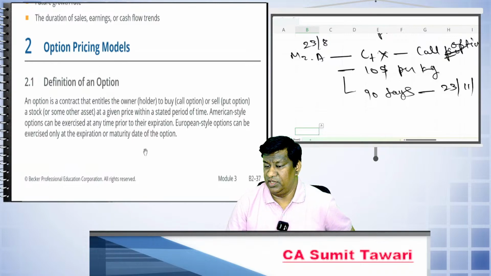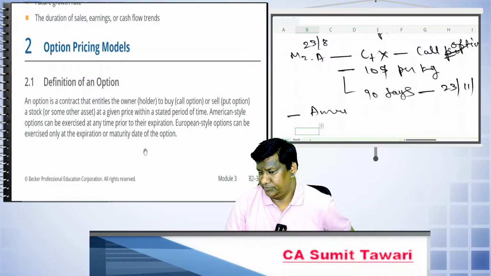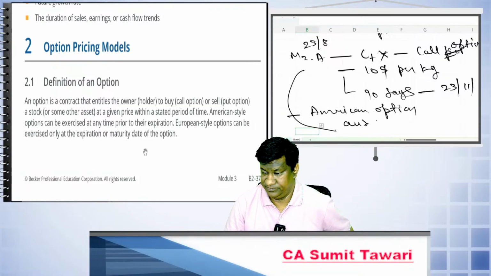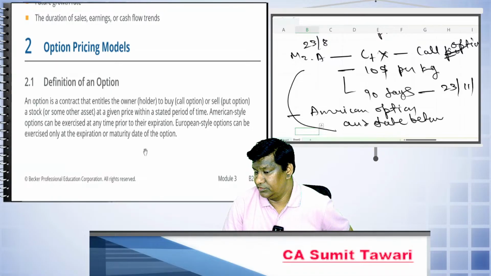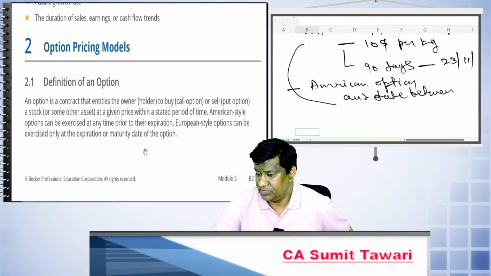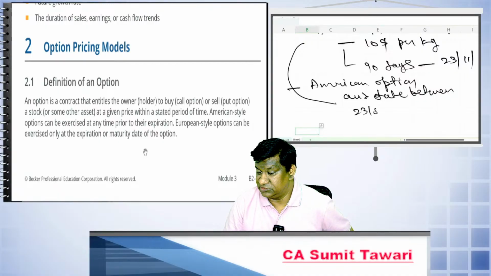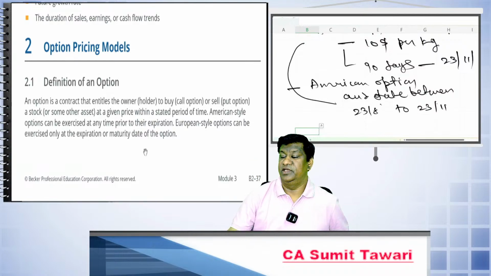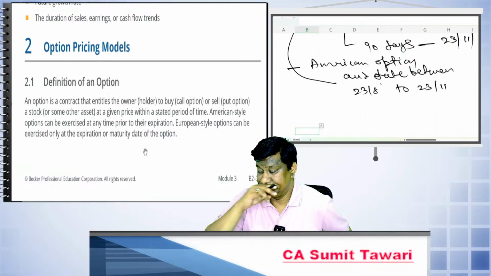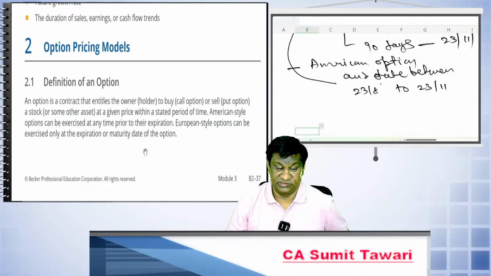Okay. So as per the American option, Mr. A can exercise the option any date between 23rd August to 23rd November. Clear? As per the American option style.